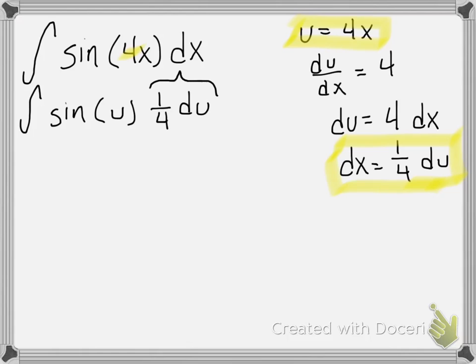And so the 1/4 is a constant, so we can pull that out, and so we'll have 1/4, and then we're integrating the sine of u times du.